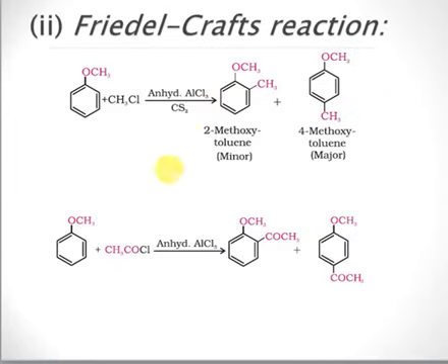Similarly, in the Friedel-Crafts alkylation, here we have a methyl group and a methoxy group, right? Because of steric hindrance, this ortho product is not formed as a major product. Similarly, this is a ketonic group, that's still a larger group, and this is a methoxy group. So because of the steric hindrance, the ortho product is a minor product, while the para product is the major product, right?